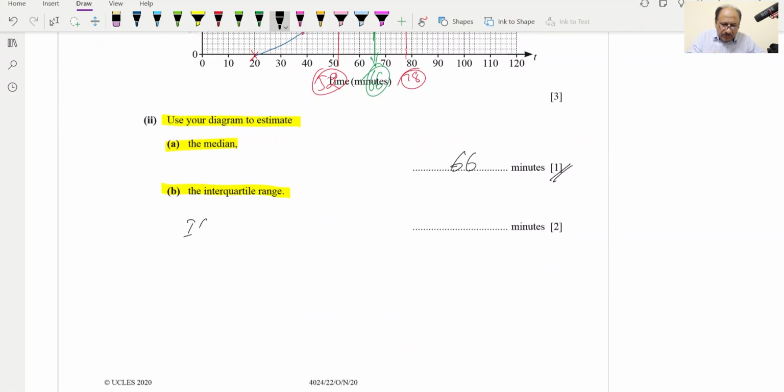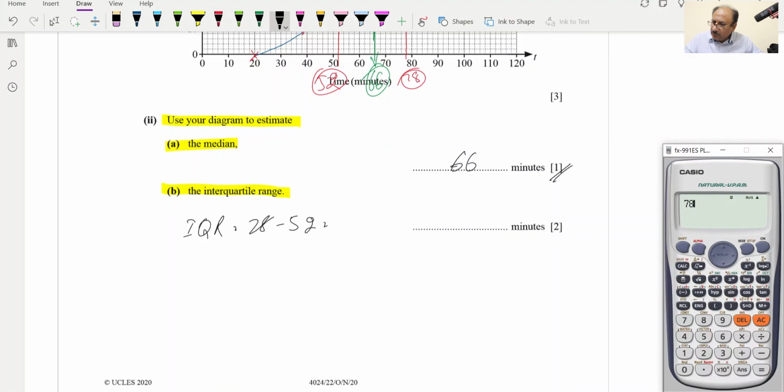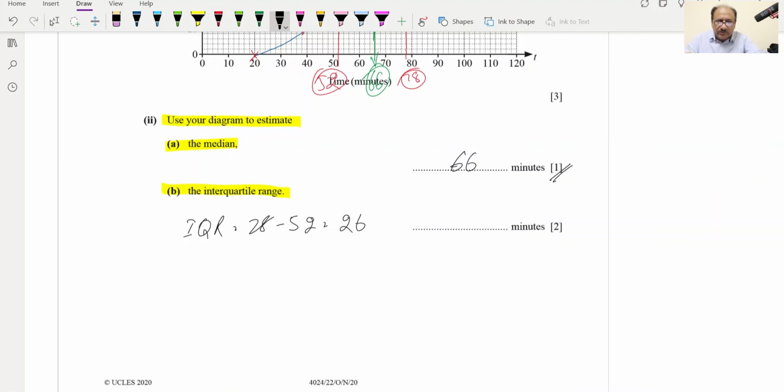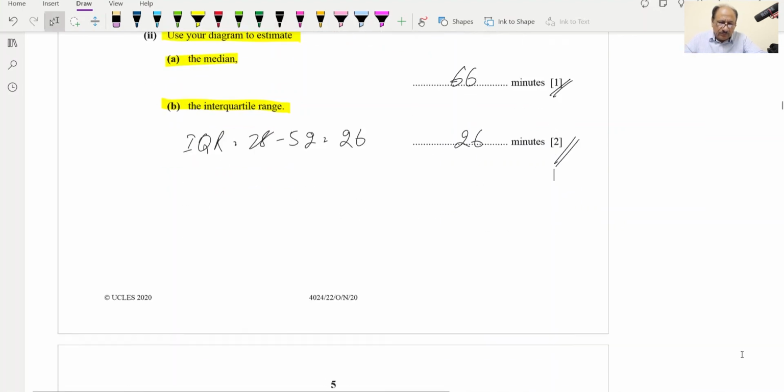Interquartile range is equal to 78 minus 52, which is equal to 26. So our answer will be 26 over here, which is a 2 marks part.